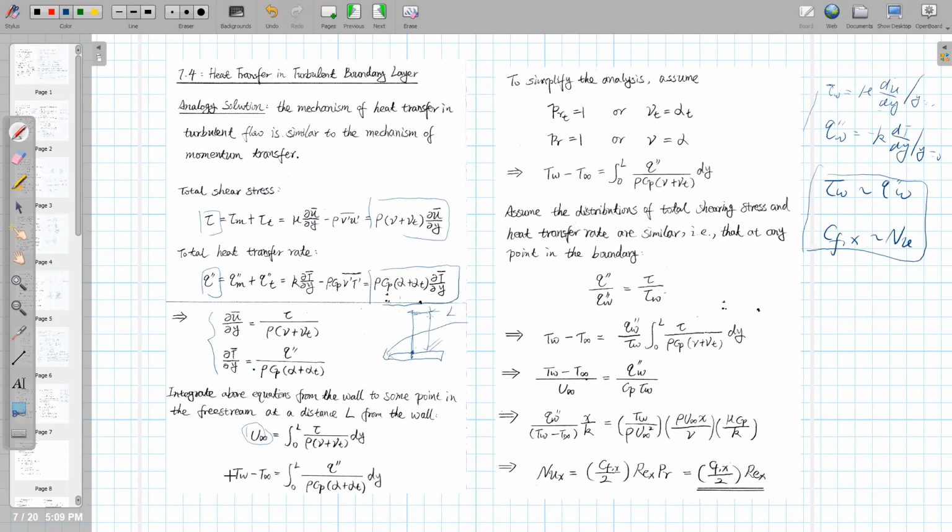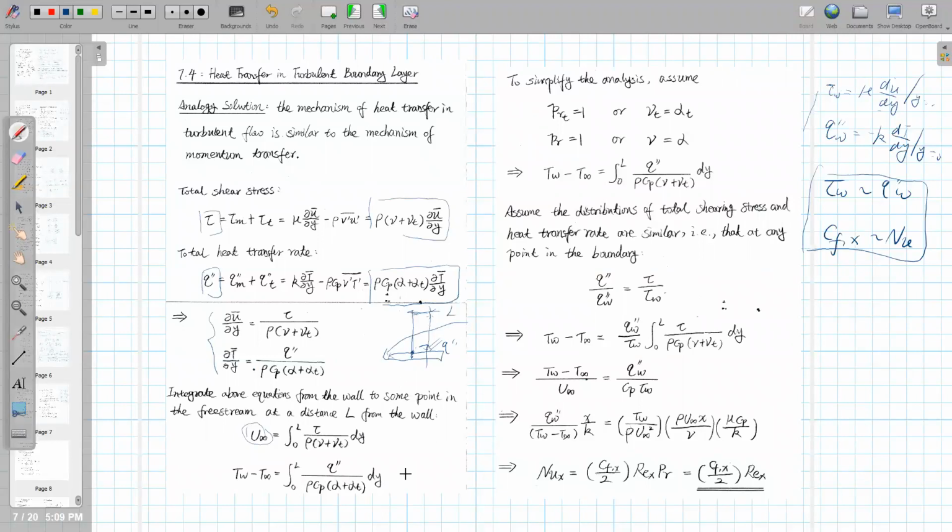I added a minus sign to make sure the q'' direction is in the positive direction. Basically there should be a minus sign here, but I neglected it for simplification. So this will be T wall minus T infinity, from the wall to the upstream, equal to the integration of this one.